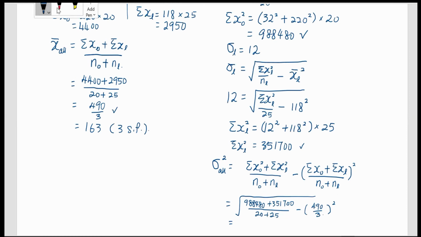Then just use the calculator and we found 3104, or we can write it as 3100 to 3SF. All right, now we have found the variance for these 45 fruits to be 3100, rounded to 3SF. That is the answer for part 2.